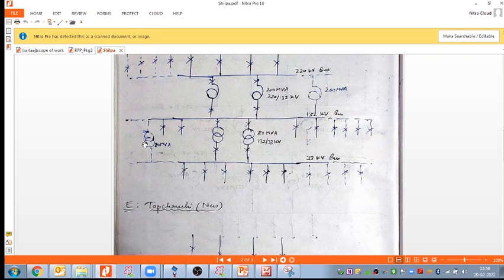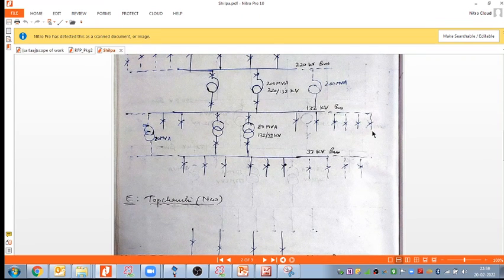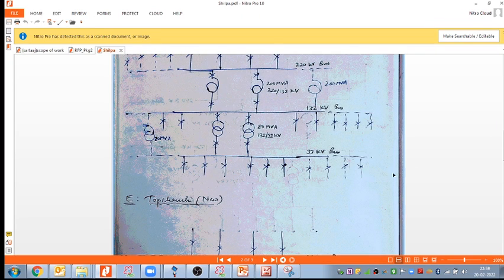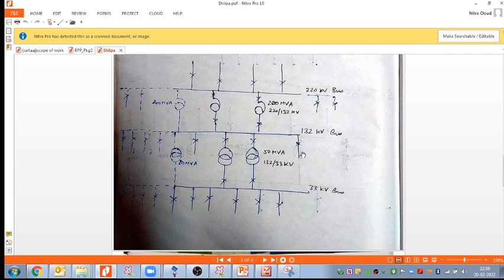All the lines will come together, and the 33 kV bus and 33 kV feeders, that is fine. And then this one: same observation, all the lines will come together. So this line is here.